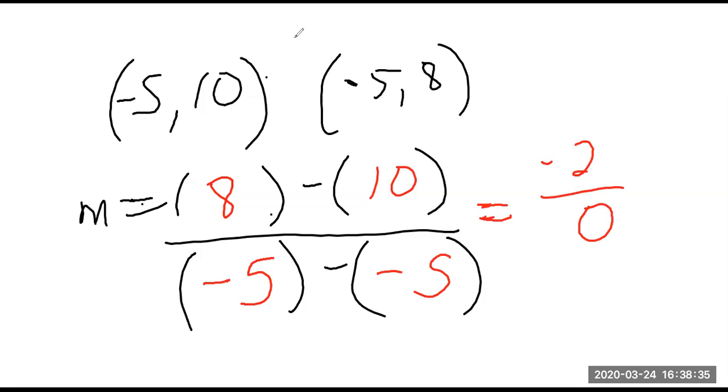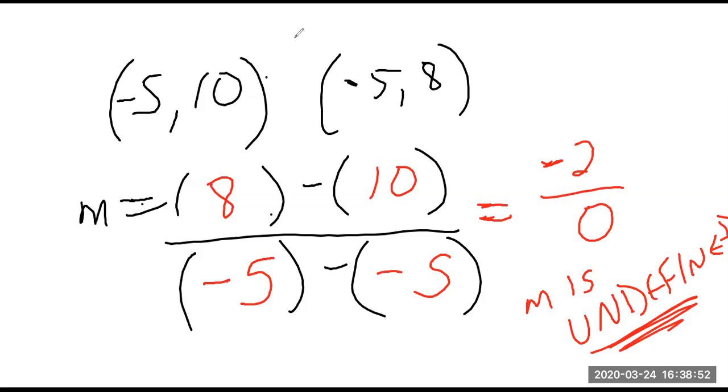Now, when you're finding slope and you get 0 in the bottom, what that means is your slope is what we call undefined. That means something special. It doesn't mean there is no slope. It means we don't know what it is. So it's not that it doesn't have a slope, we just don't know how to find it.